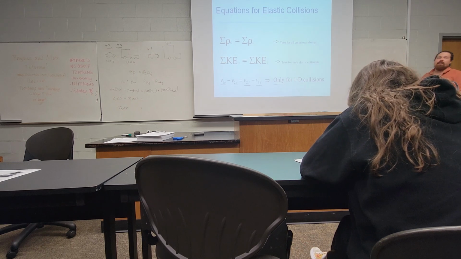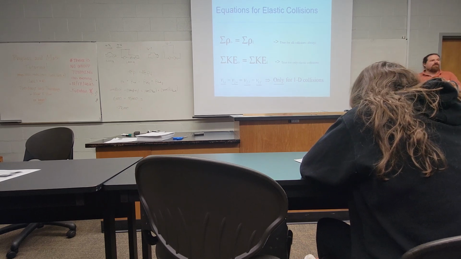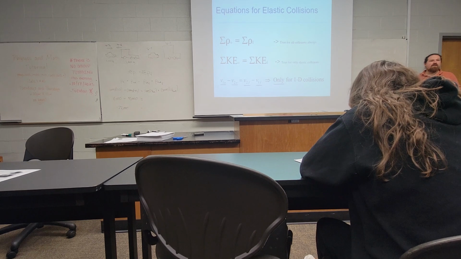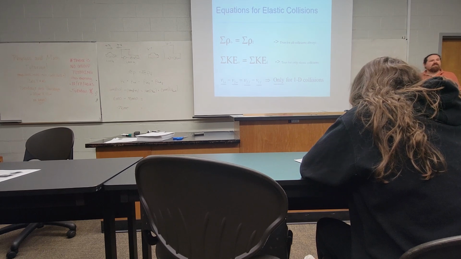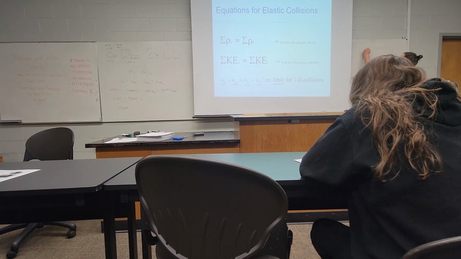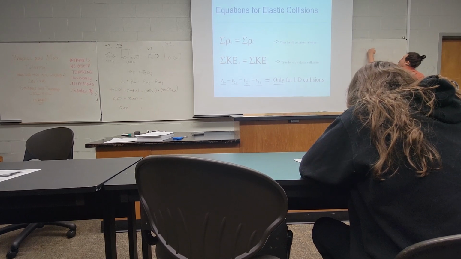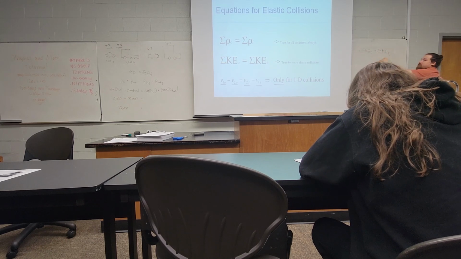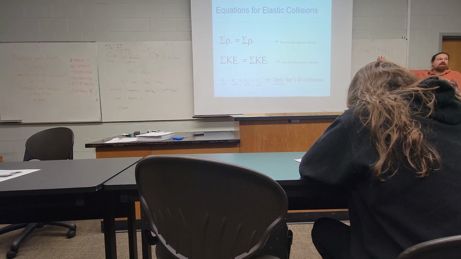In that case, the totals didn't equal each other because that was an inelastic collision. But if we're treating this as an elastic collision, just to see what happens, then the two sides here would be the same, and we can use this as a second equation with the same two unknowns in it.